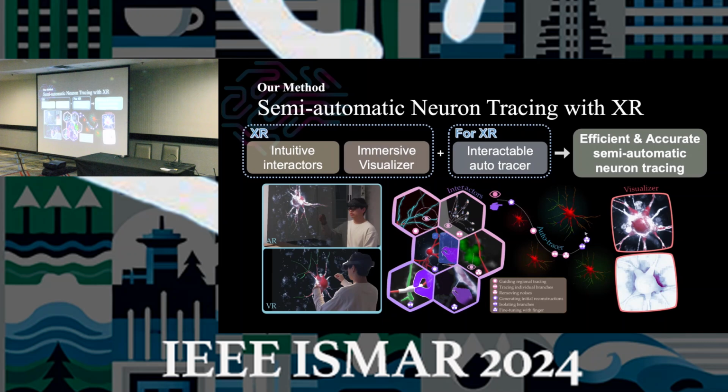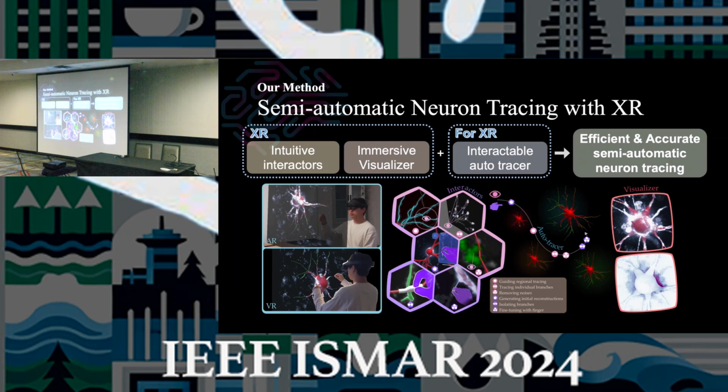Our solution is to leverage the intuitive interaction within extended reality to create efficient and accurate semi-automatic neuron tracing. The core of our method is using intuitive interactors, eye tracking, and gesture-based controls to guide the auto tracer.